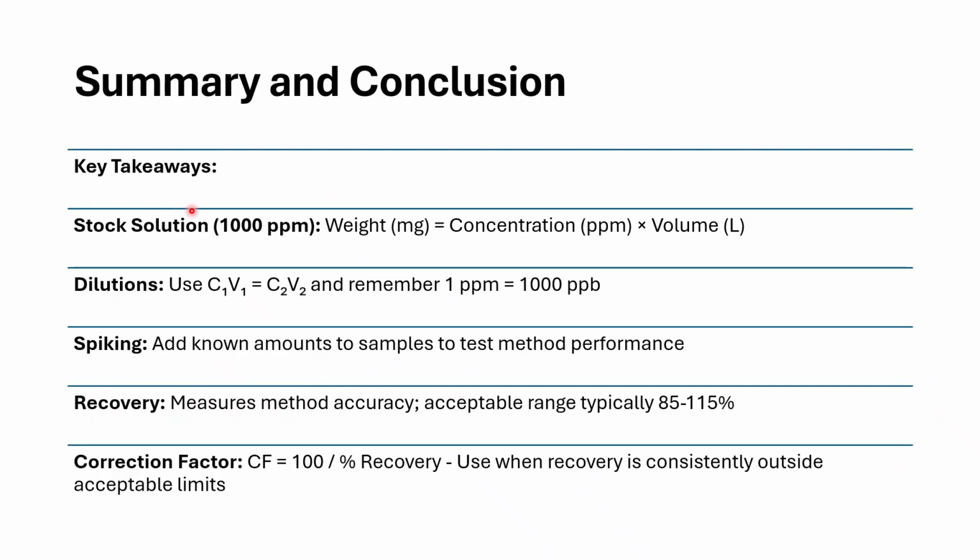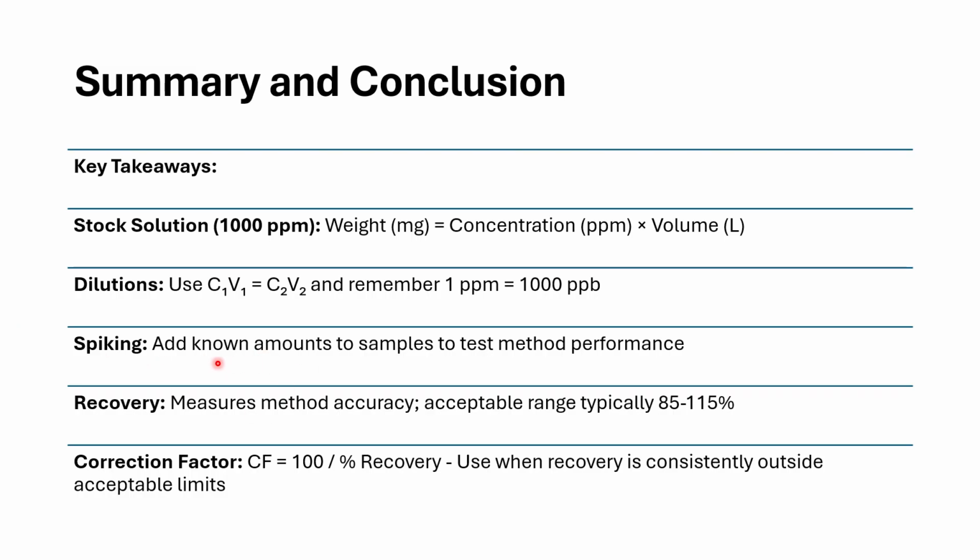So the key takeaway of this video was that you learned how to prepare stock solution for 1000 ppm. That is, weight is equal to concentration times volume times 100 divided by purity if it is mentioned. And you learned how to prepare ppm and ppb solutions by using the formula C1V1 equals C2V2. You learned what spiking is and how to spike.